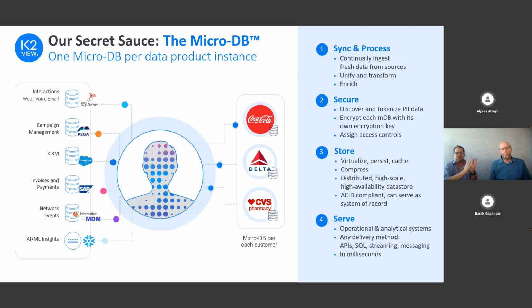Okay. If you look at the left side, you can see that the information resides in traditional databases. It can be Salesforce, which is SaaS, or any other SaaS application. It can be MDM, it can be a cloud. And what we do is gather it into what we call a micro database, which is our data product.